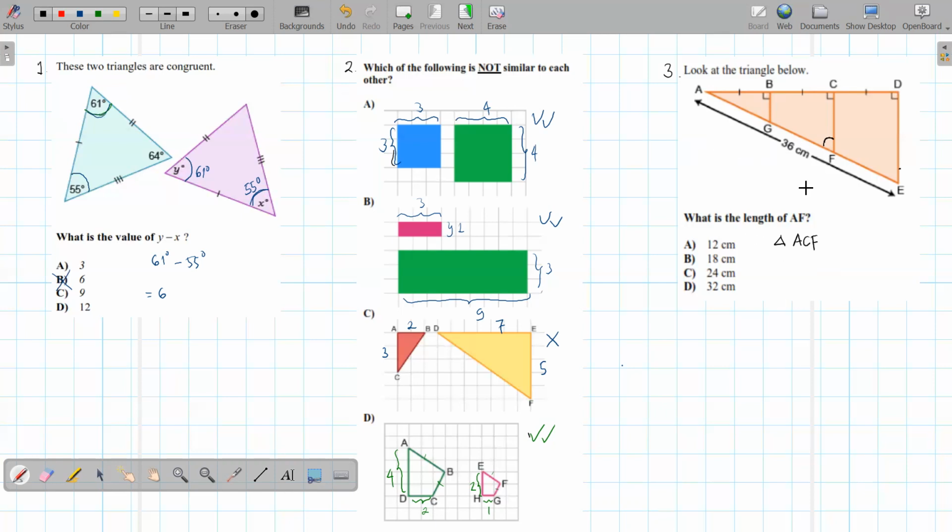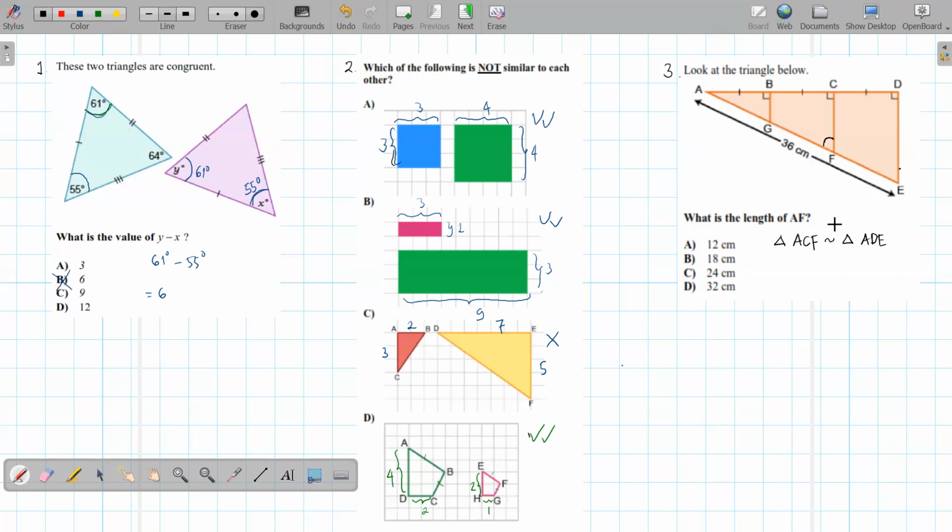Now we are going to find the triangle similar to ACF. That will be triangle ADE, because AE, the hypotenuse of triangle ADE, is given, and therefore we can take triangle ADE to help us find the length of AF. Because they are similar, we can check for the similarity.